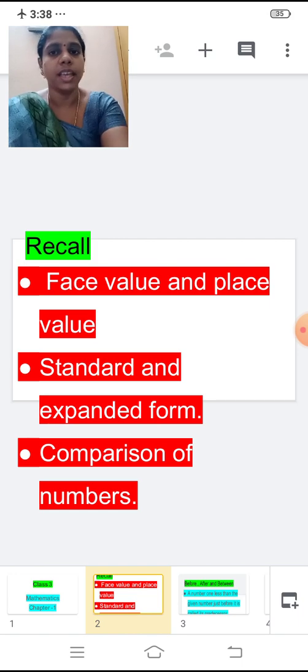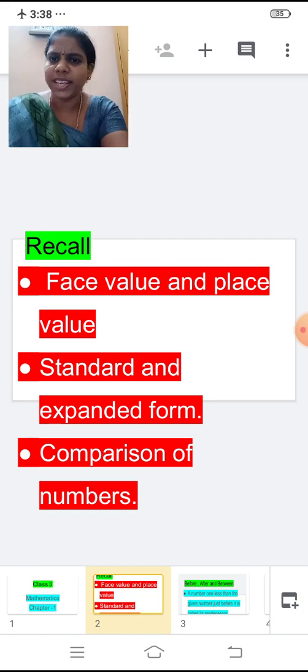Yes, and we saw the standard and expanded form of a number, right? What is expanded form? It is the sum of the place value of the digits. And we saw how to compare two numbers. If the number of digits is more, the number is greater.